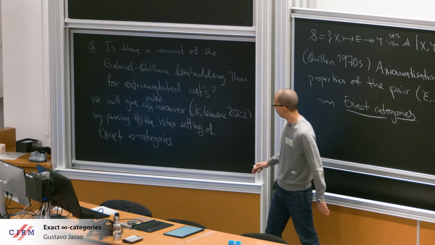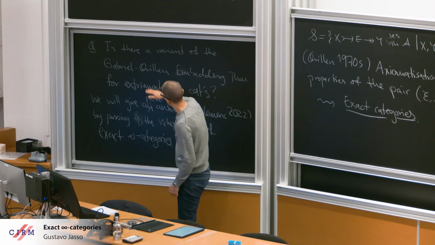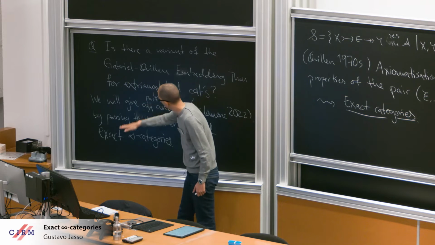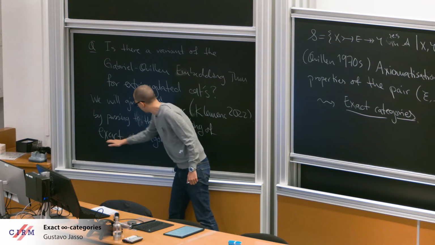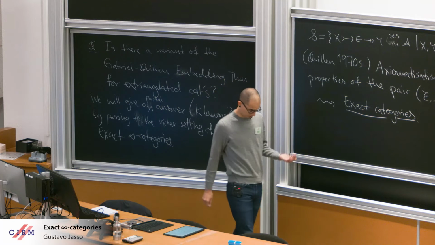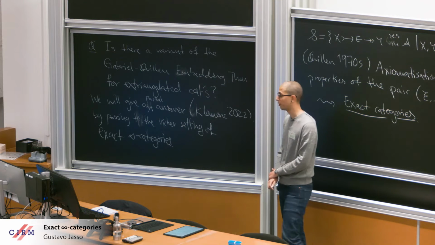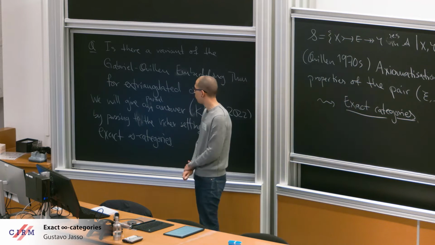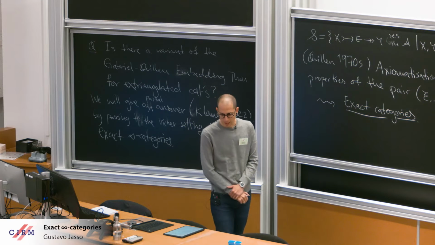So there are only versions known when we admit a refinement of the notion to a more sophisticated notion like exact infinity categories or exact DG categories in the sense of Xiaofa Chen that were recently introduced in his PhD thesis.